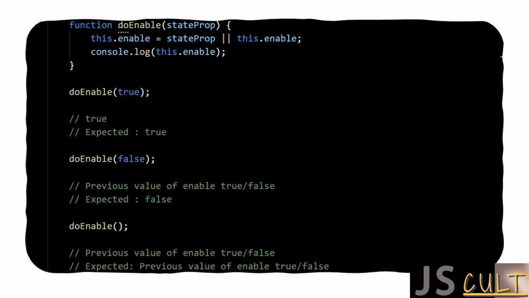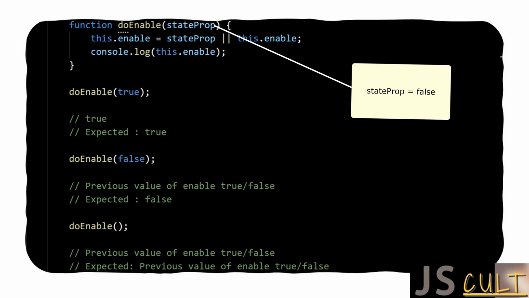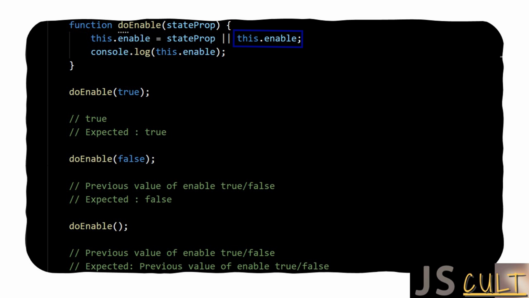So in the first call, it works as expected, but in the second call, since false is passed, the state prop will take it as a falsy value and consider the right hand part of the logical OR operator. Since previously enable was true, this operation will fail completely, assigning enable to the true value instead of false.